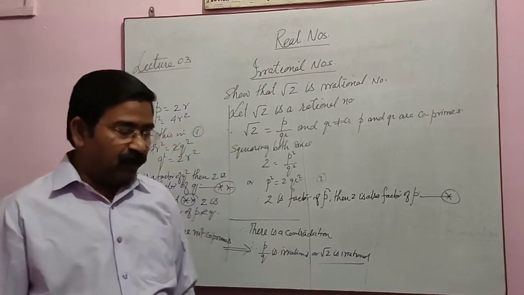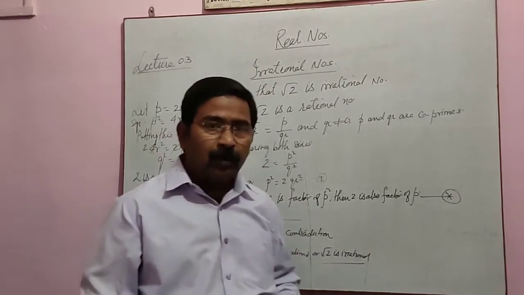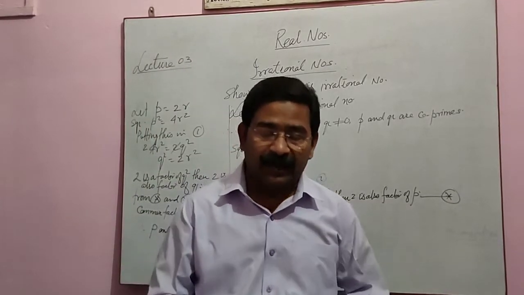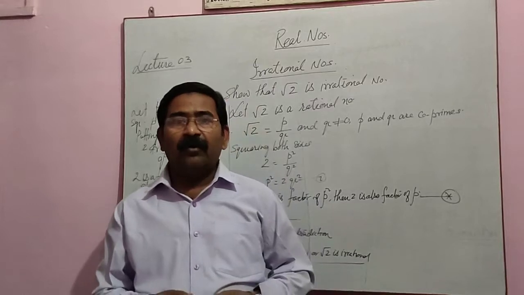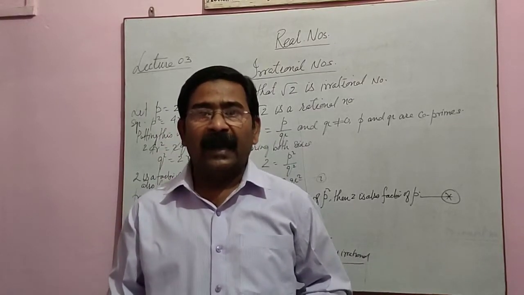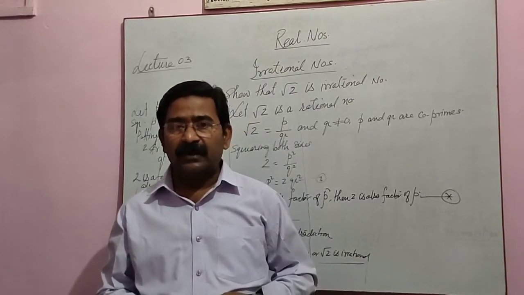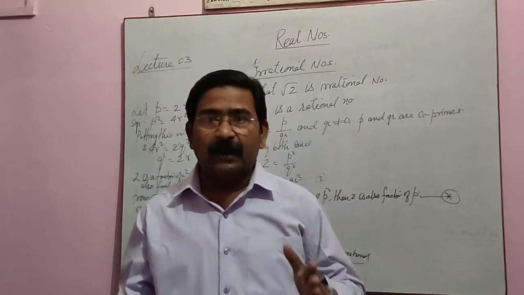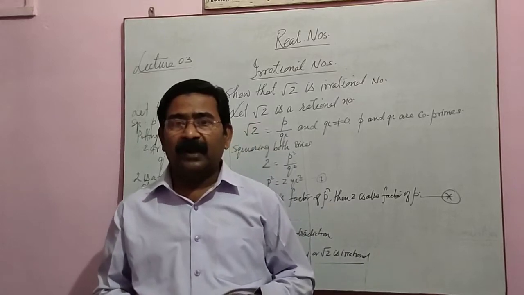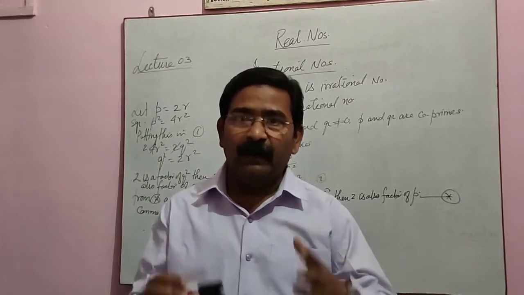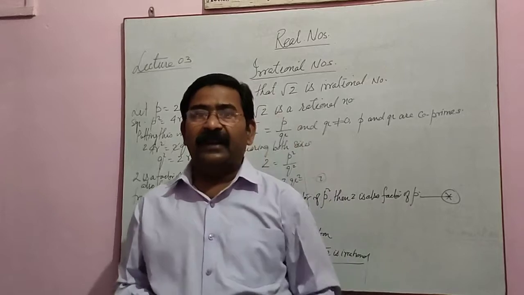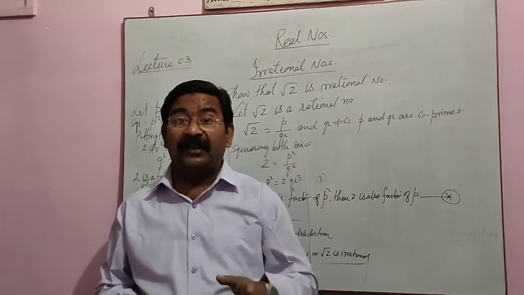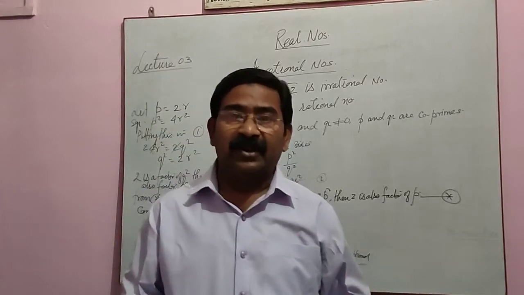Got it? Now, coming to properties of irrational numbers, algebra of irrational numbers you can say, means when we add two irrational numbers, the result is irrational. When we subtract two irrational numbers, the result is irrational. When we multiply two different irrational numbers, not same irrational number, I am talking about two different irrational numbers, the result is irrational.